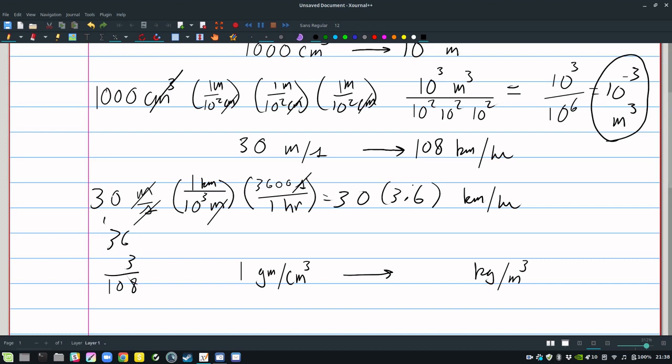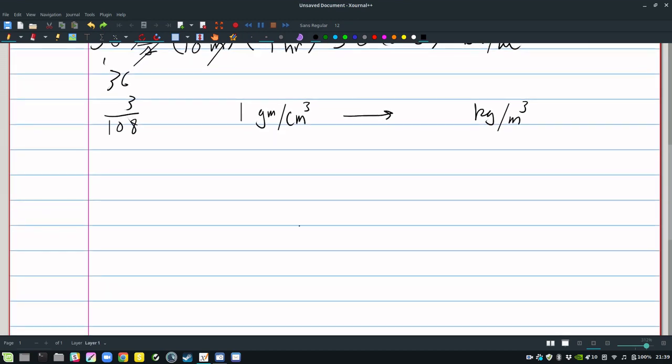If it was 30 times 4, that would be 120. If it was 30 times 3, that would be 90. So it's got to be somewhere between 90 and 120. Yeah. So 30 meters per second is equal to 108 kilometers per hour.